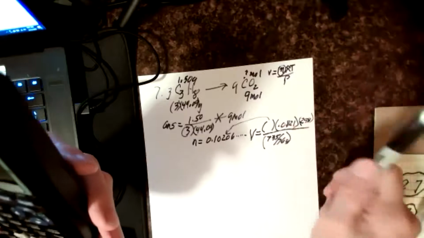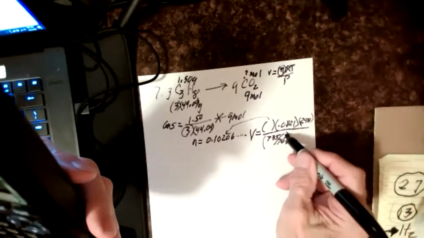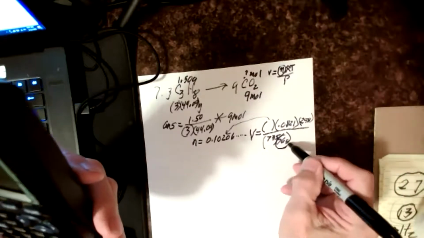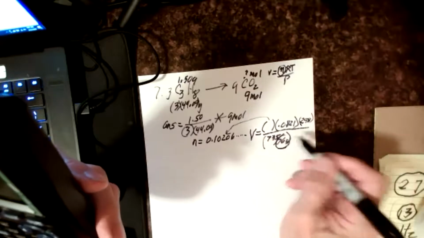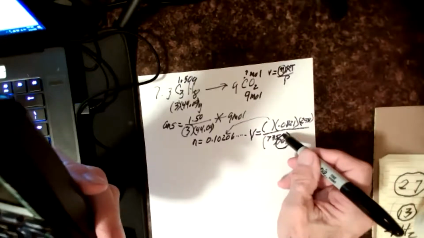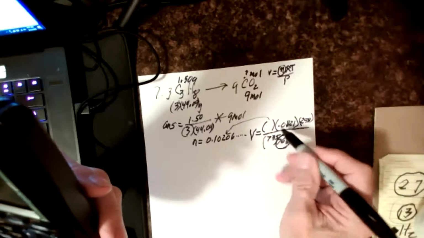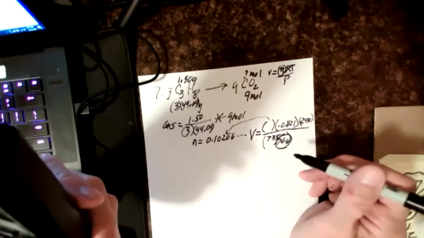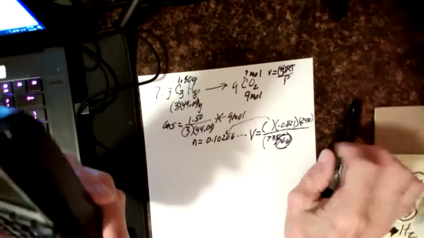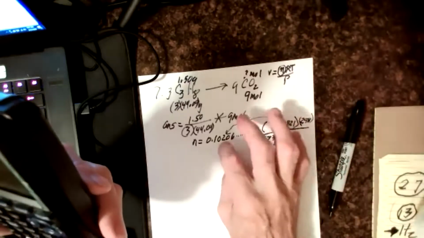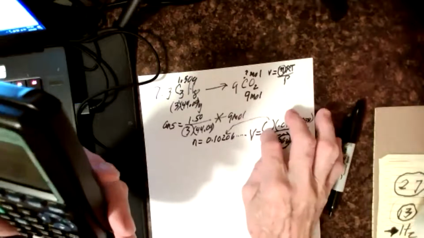So now I'm going to do the math. I could do it with a parenthesis around it, but I'm just going to take the denominator of the denominator and put it in the numerator. That's what you do. So I've got this number for the number of moles on my screen right now.